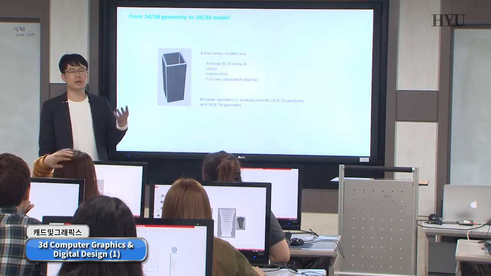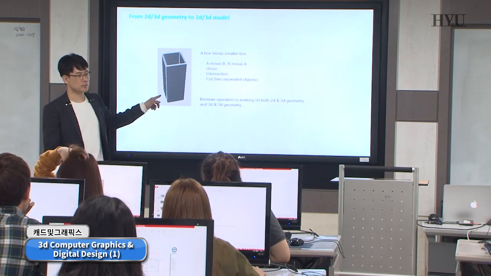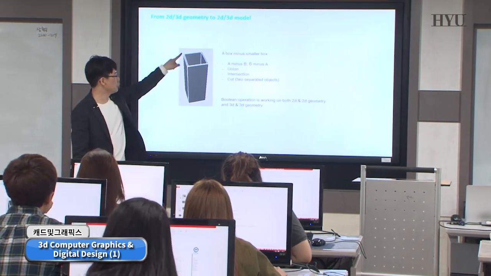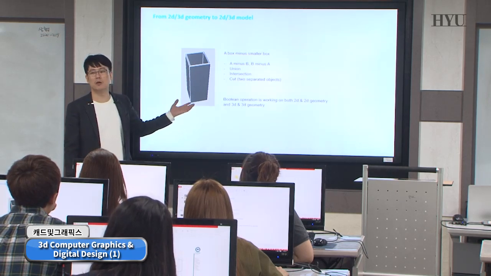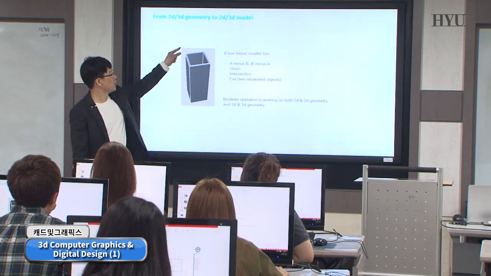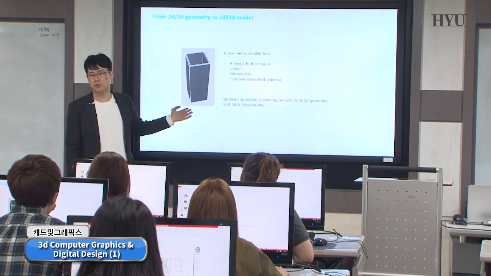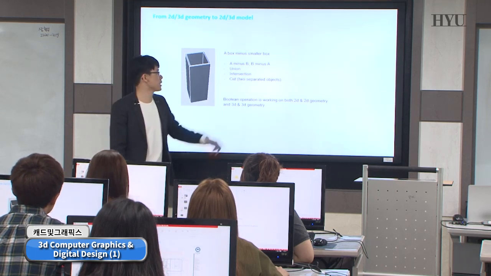Next thing you need to take care of is Boolean operation. What is Boolean operation? How to make this vase cup-like object? A box minus a smaller box. That's the easiest way, okay? A minus B, union, intersection, cut.